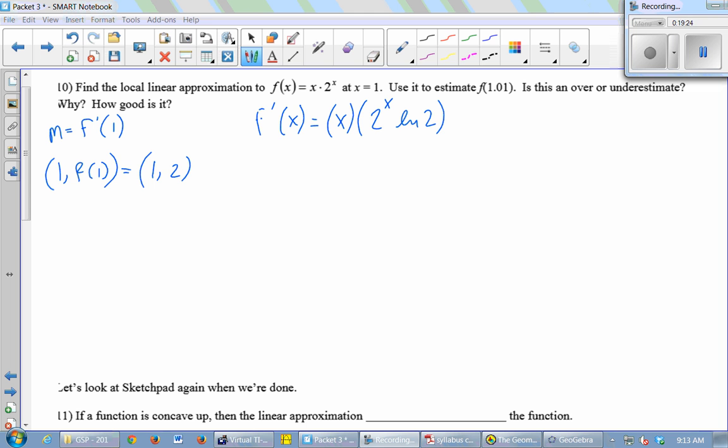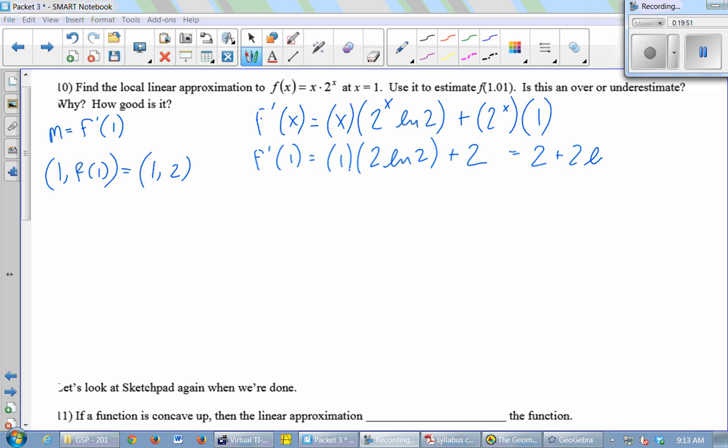First times the derivative of the second plus the second times the derivative of the first, and the derivative of x is 1. All right, so then I just got to plug a 1 in there. So this is 1 times 2 ln 2 plus 2. So 2 plus 2 ln 2 is going to be my slope.